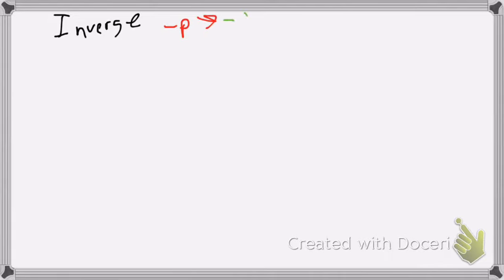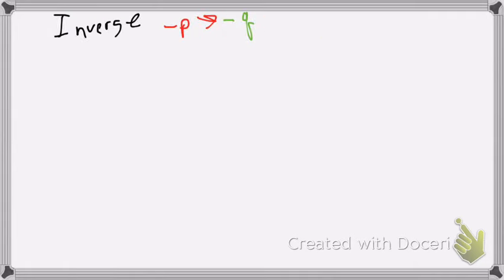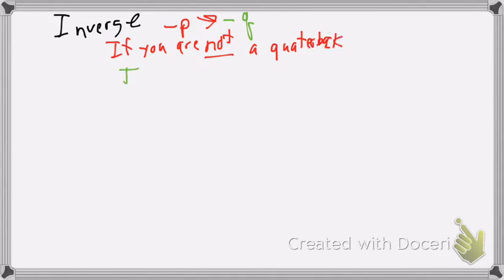And so here, the inverse is what happens when, let's take a look back at our conditional, if P, then Q. So now we're just going to go, if not P, then not Q. So that would look like this. If you are not a quarterback, then you do not play football.